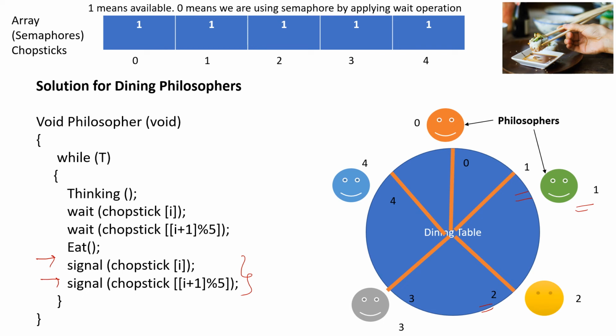Now, what is the solution for this deadlock? There are three ways. The first solution is to use one more semaphore inside thinking.